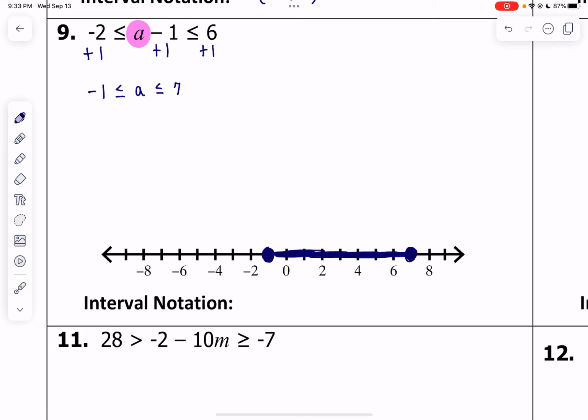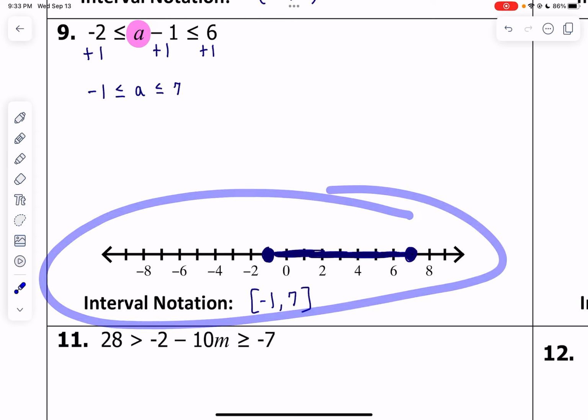Okay. And then right away we can construct the interval notation, and that'll just be bracket negative 1 to 7 bracket. And that's pretty much all we do in question number 9.